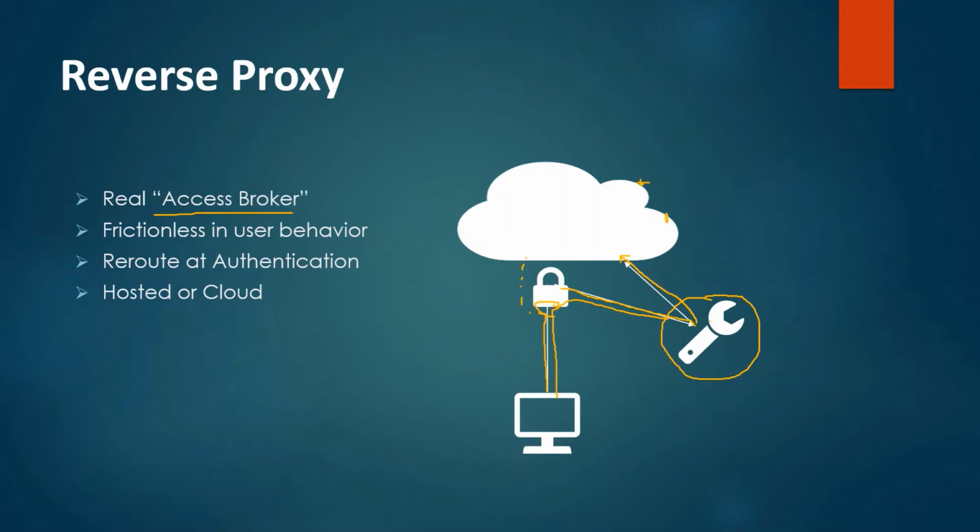You have to place it somewhere. You can either place that in your own in-house, in your own territory, or you can put that in cloud and leverage the CASB functions as a cloud service. Either way, the reverse proxy works the same. That is rerouted from the authentication to CASB and then put back to the service where it wants to be.